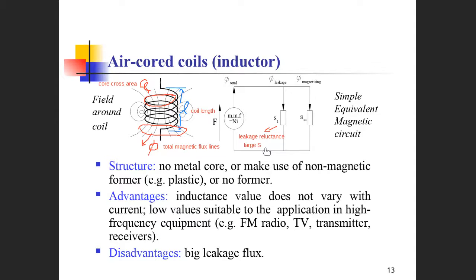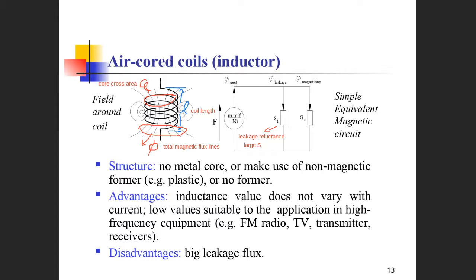It is large because we don't want to leak more flux into the air, and the magnetizing reluctance is small, so that much more flux goes through the inside of the coil. This is the coil's magnetizing reluctance. This is the simple equivalent magnetic circuit.